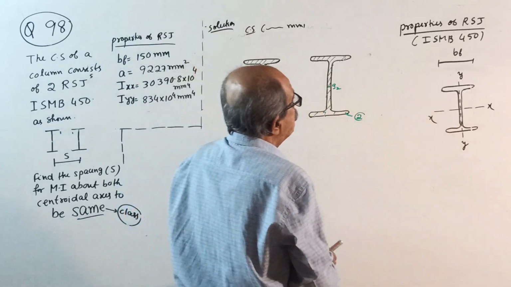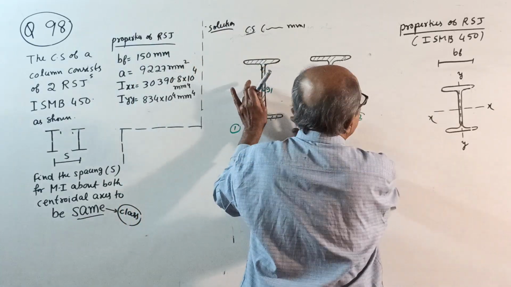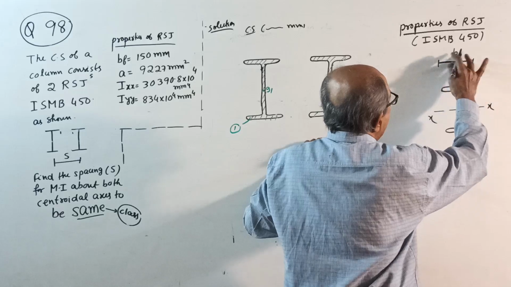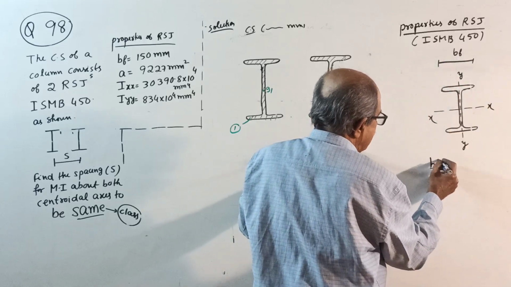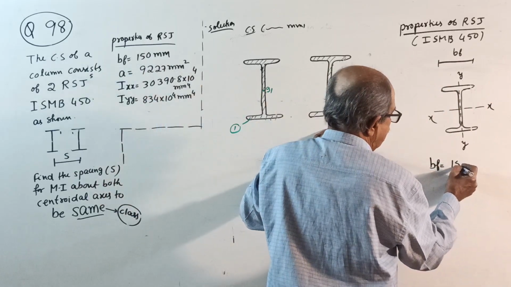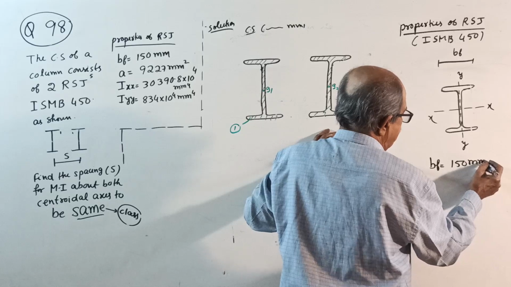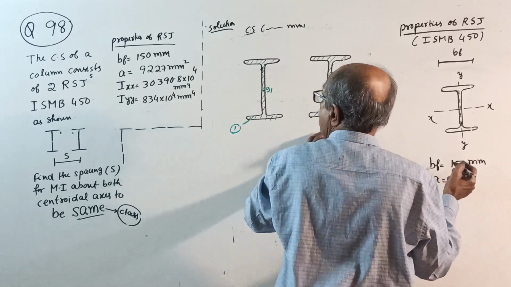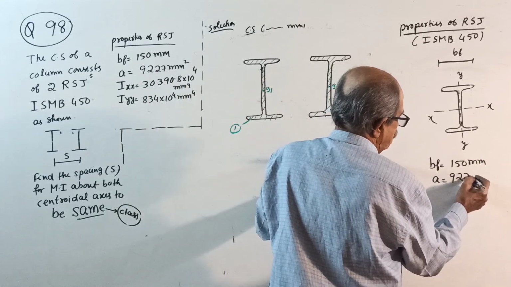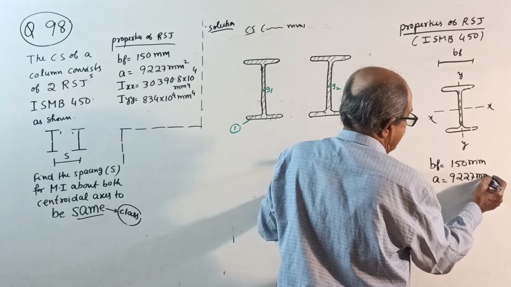Now, the properties of the RSJ, for both 1 and 2: first you require the breadth of flange, which is given in the question, 150 millimeter. Then the total area is given, 9227 mm square.